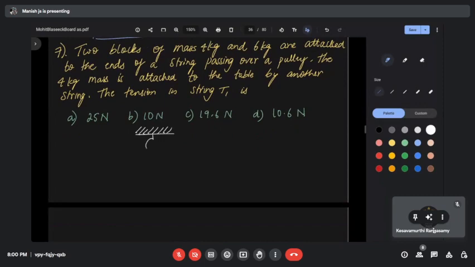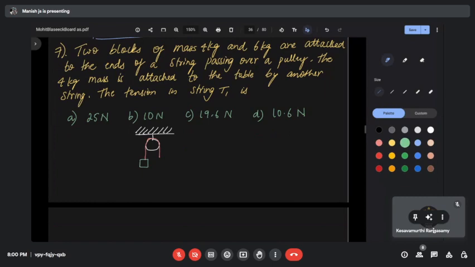So first, here they have given a point. So you have a rope that goes over the first pulley, this pulley. The rope is the same rope.